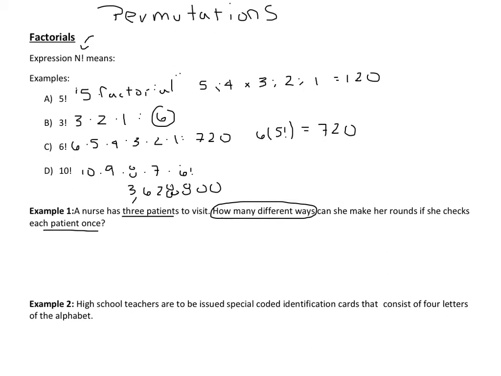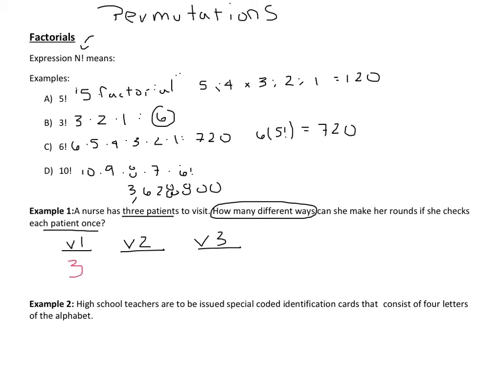So first, let's think about what our categories are. What's happening, right? We have visits from a nurse. So we have visit 1, visit 2, and visit 3. Now, the first time the nurse makes a visit, she walks into the room and she has 3 patients to visit. The first time she makes a visit, she has 3 different patients to choose from because she hasn't seen any of them yet.